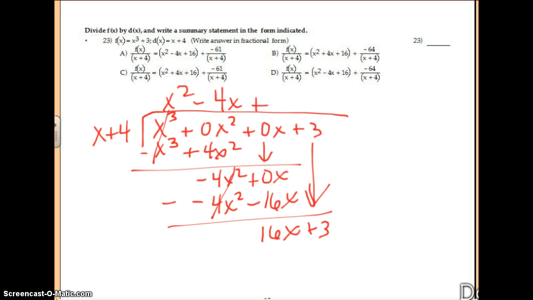We need a 16 to give us 16x, so that's a positive 16. And 16 times 4 is 64. Subtract those and you get negative 61. So that's our remainder. It's negative 61.